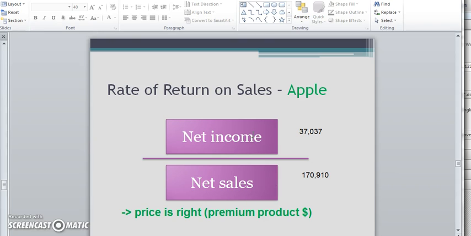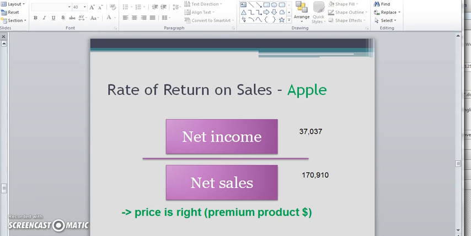Because their revenue, their sales, bring in more than if they sold the same things but priced them like Samsung, their net income would not be as large. So that's why the 22%, for a premium product, they seem to be on the right track because it's a pretty big number.